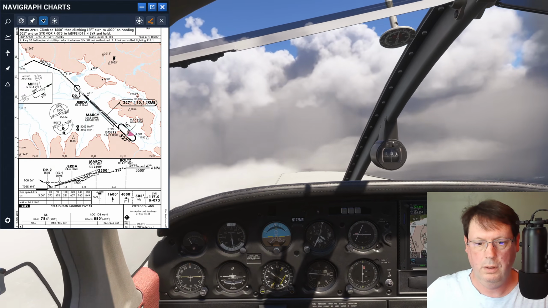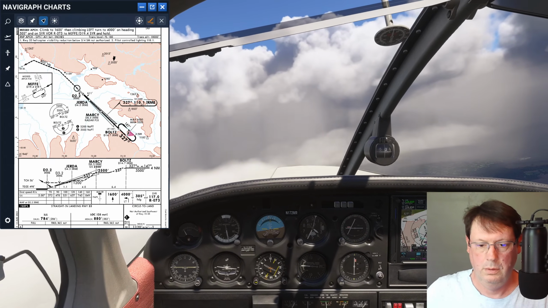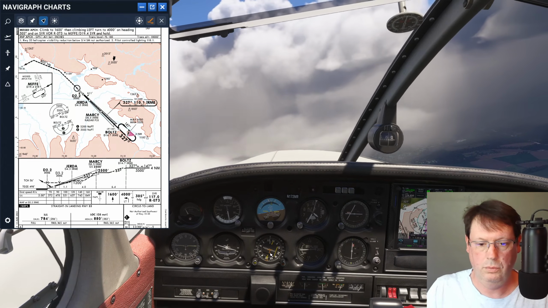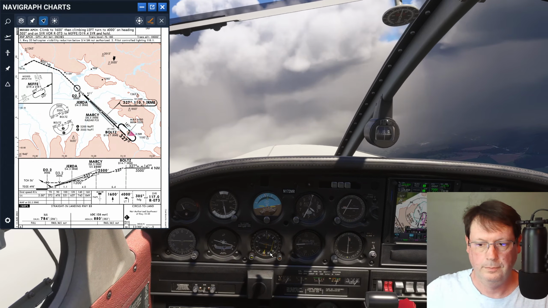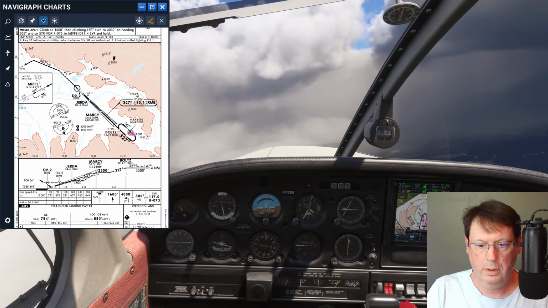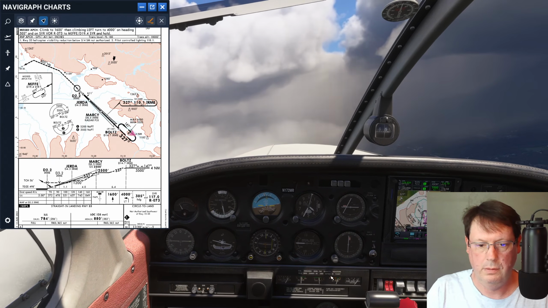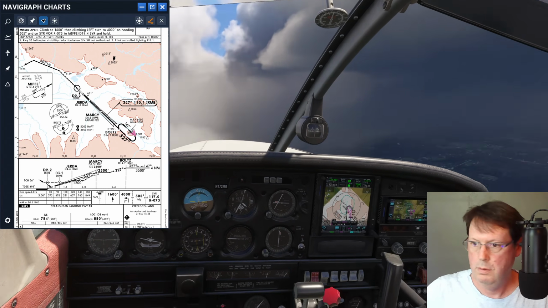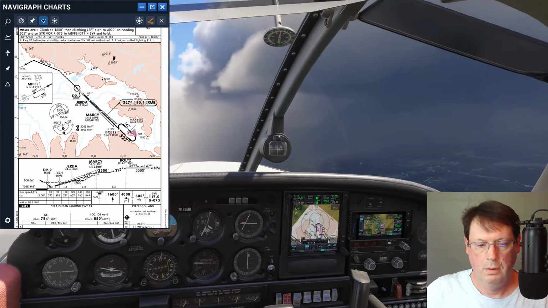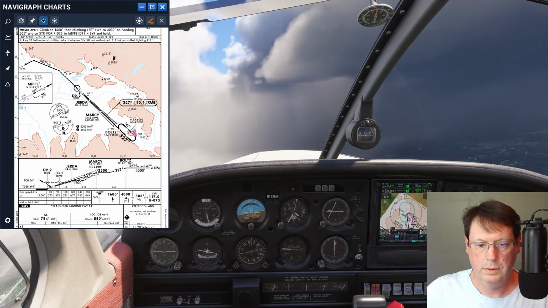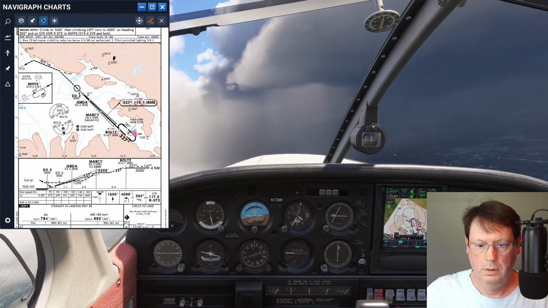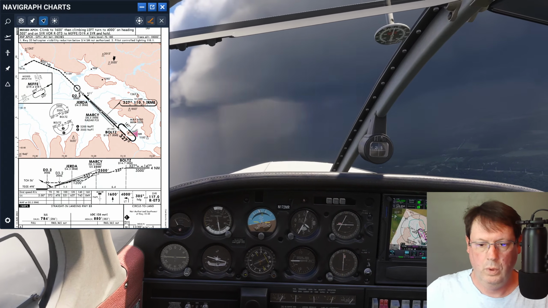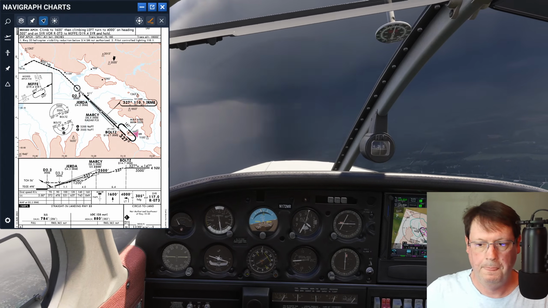So okay, we're gonna go right-hand turn, coordinated right-hand standard rate turn, and now we're gonna come around to intercept this course. We're gonna see when that needle starts coming in.